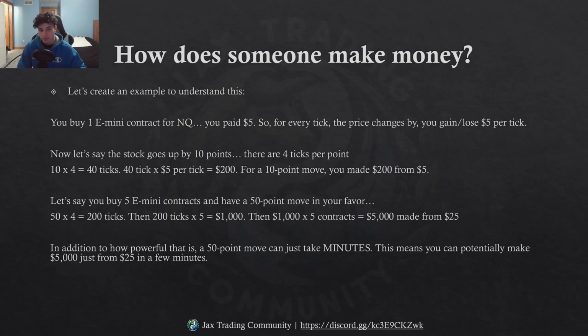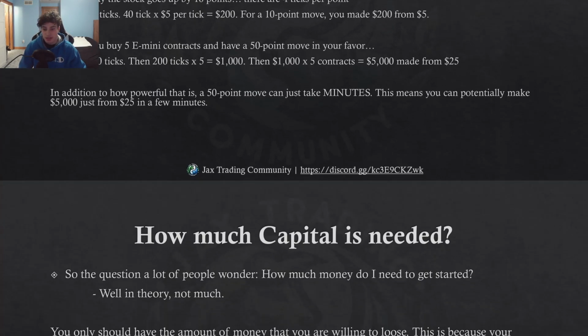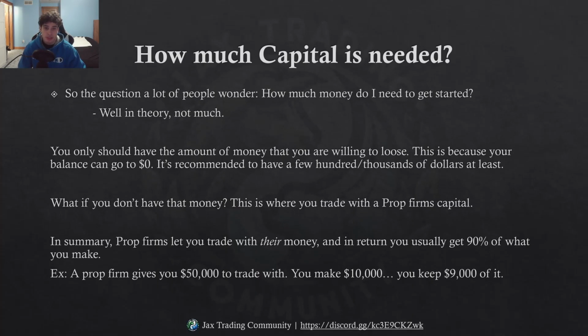So you'd have $5,000 made from $25. That is how powerful this can be. And in addition, a 50-point move can just take minutes. This means you can potentially make $5,000 from $25 in just a few minutes. That is just insane.